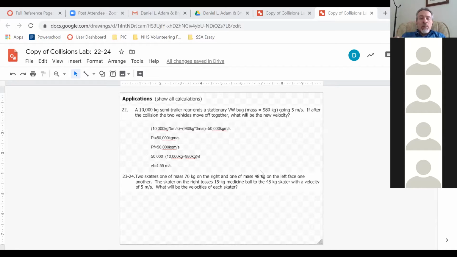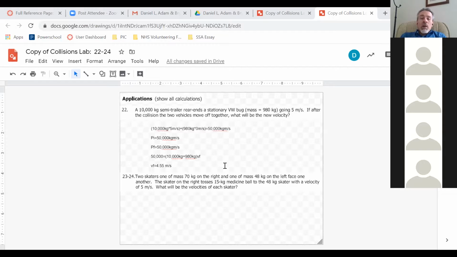A couple other things, Adam, I heard you say that it's conserved because it's a certain type of collision. What kind of collision is this again where they're stuck together? Isn't it inelastic? It's called perfectly inelastic. Oh yeah, sorry. Perfectly.